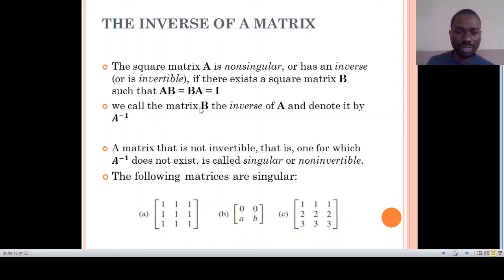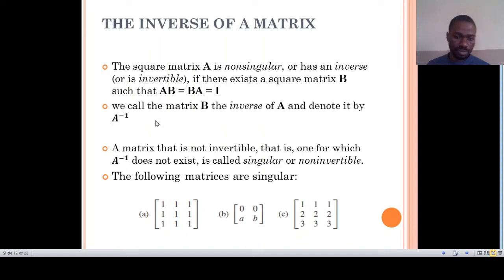So we call the matrix B the inverse of A, and it is denoted by A raised to the power minus 1.